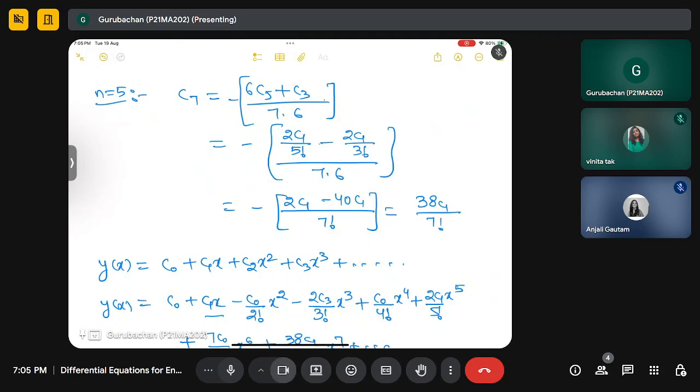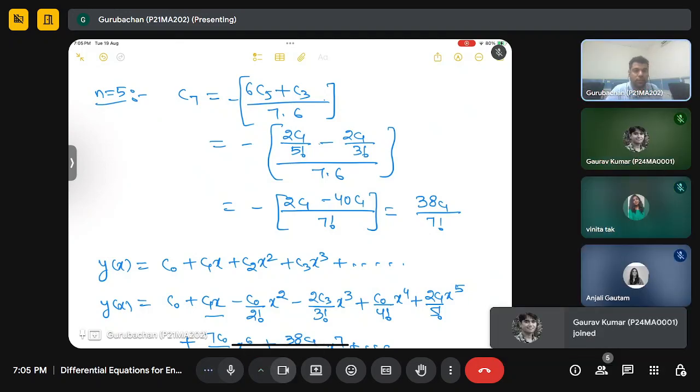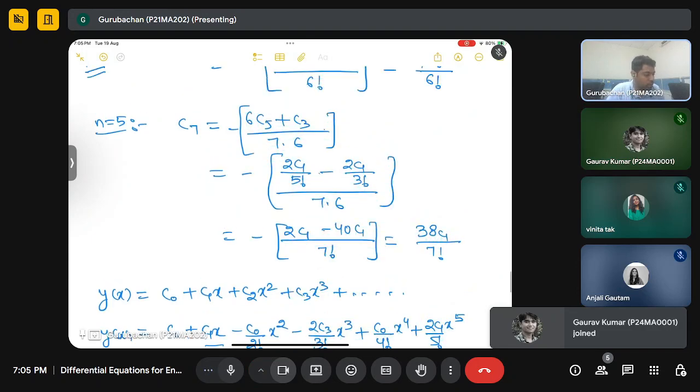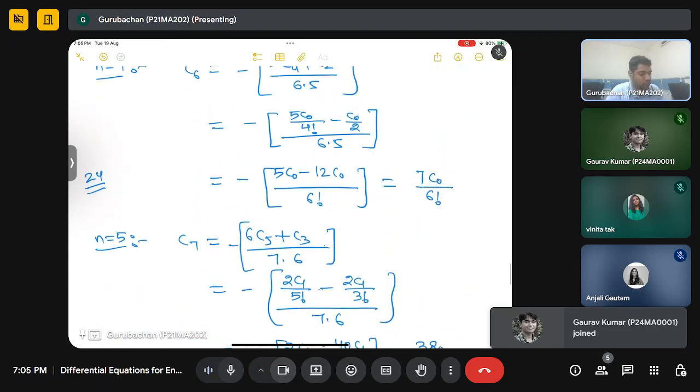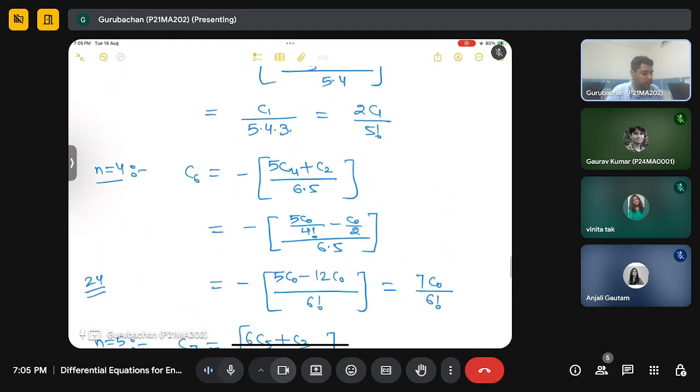As I told you, it might happen for some kind of calculation error. So here it was 6 times C5, and C5 has value 2 times C1 divided by 5 factorial.